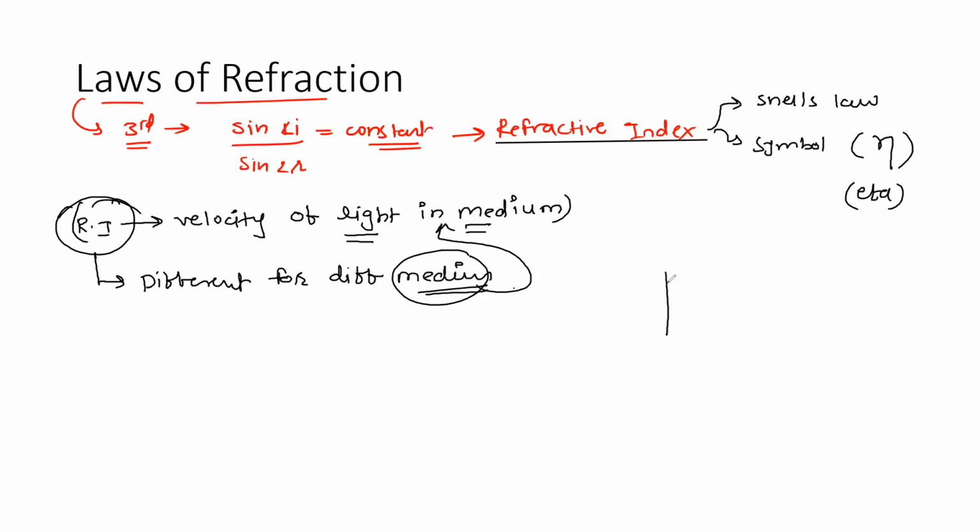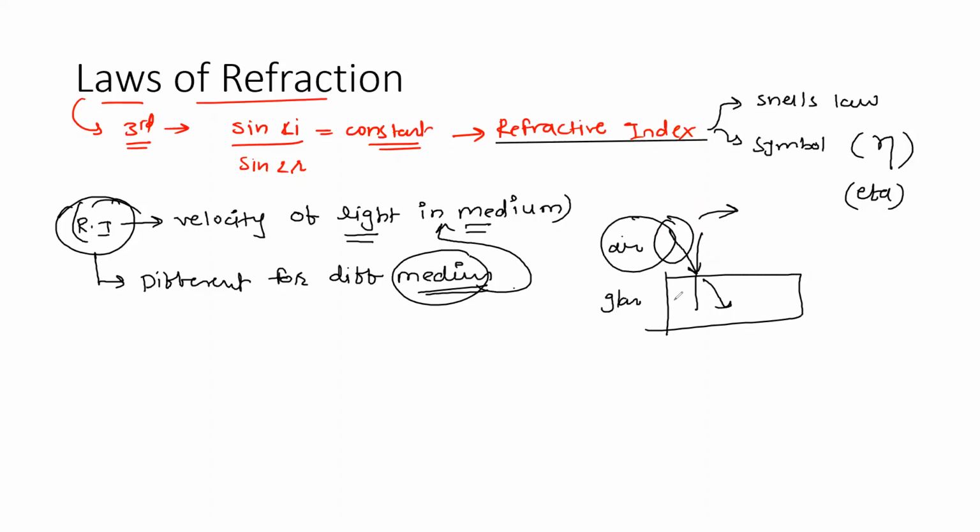Suppose I have, this is my glass, this is air. Suppose light is traveling from air to glass, then the light ka speed or velocity in the air will differ, and in the glass it will be different. Because of these differences in the velocities, you have different refractive index for different mediums.